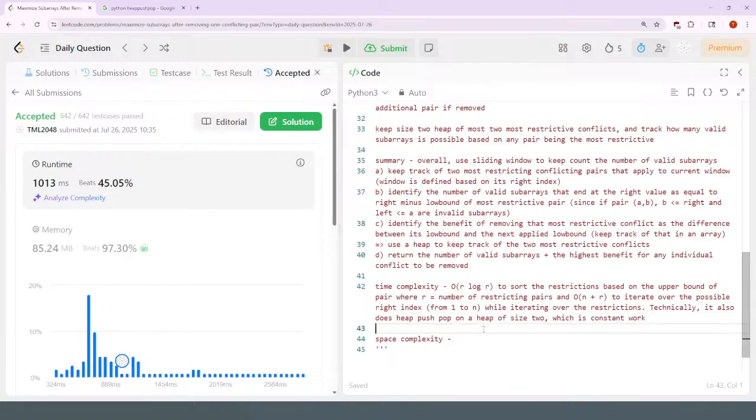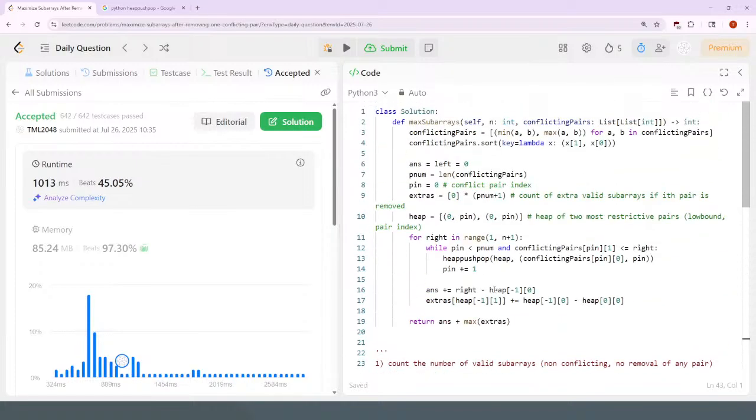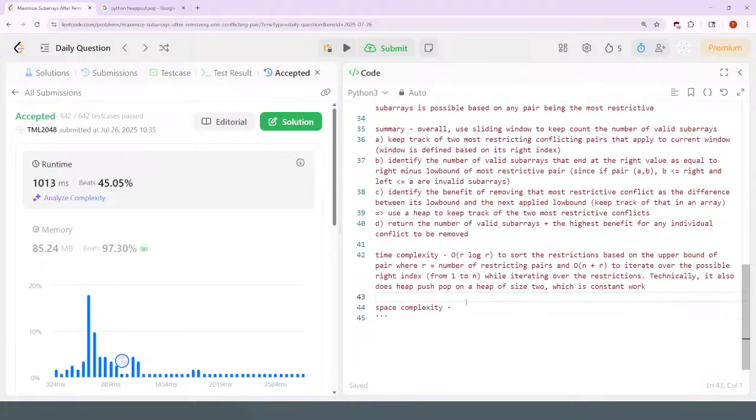If this was a bigger size heap, then I'd include that in the calculation.